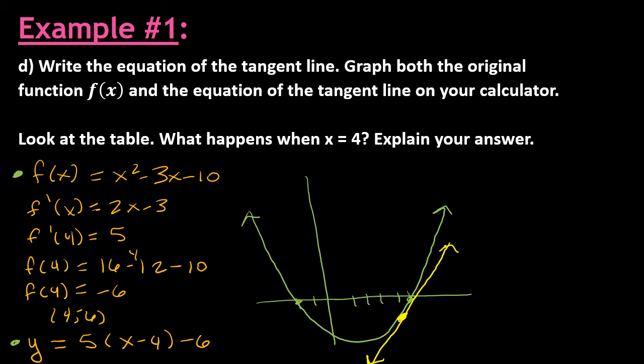So that's the tangent line when x equals 4. And if you look at the table of values, when x is 4, you have a value for your first equation, which is -6, and a value for your second equation, which is -6, which tells you that the graphs actually touch at the point for -6.